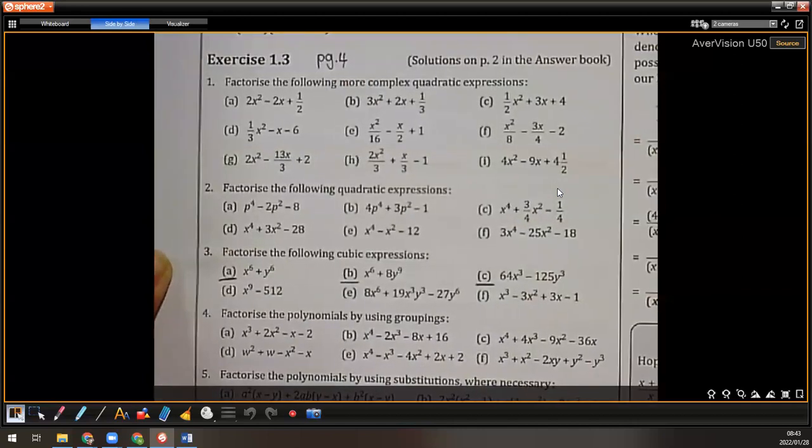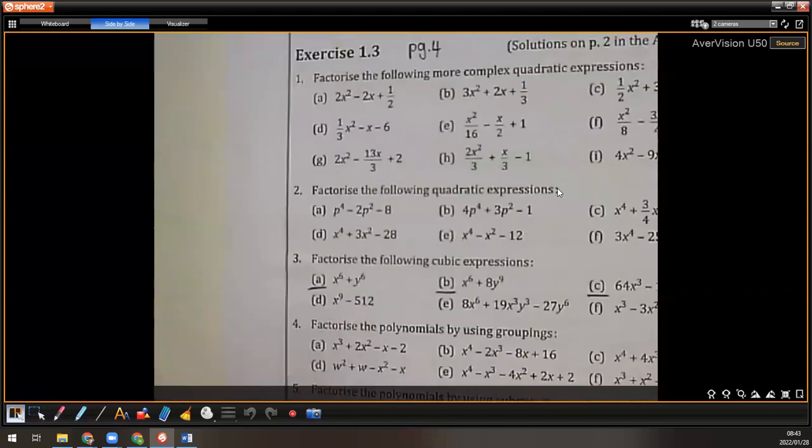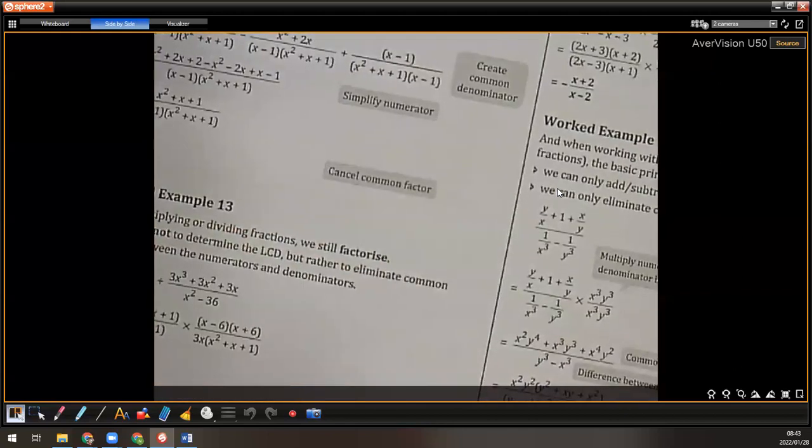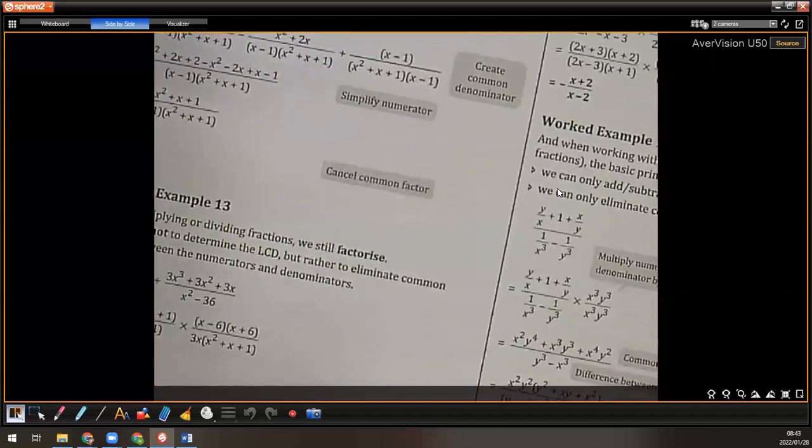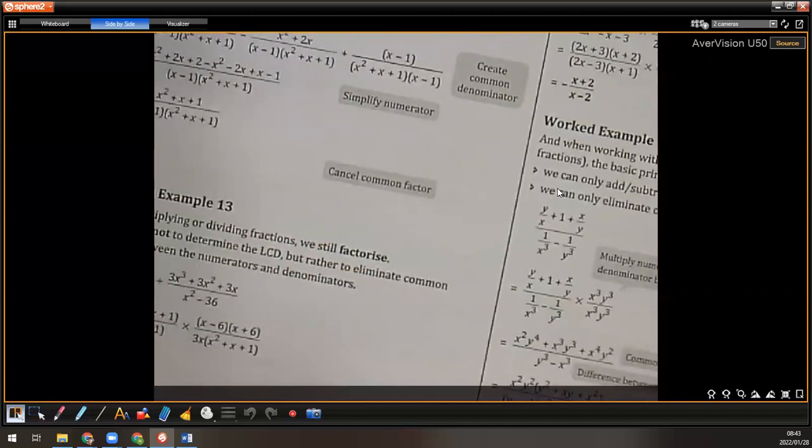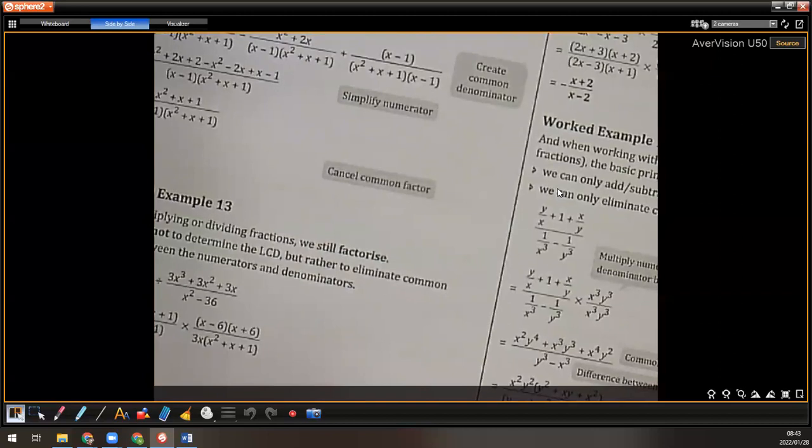I don't understand why in the double bracket, why the -1. So that is your binomial bracket. So you take the cube root of each of the original two terms.